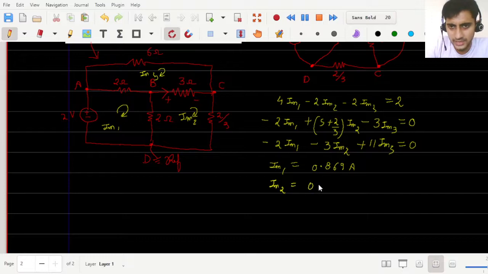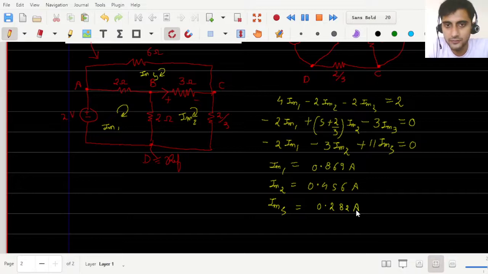IM2 should be something like 0.456 amperes. And IM3 is like 0.282 amperes. Let me just check it. Okay, so some mathematical errors might be there, but I have doubly checked it. So these are going to be the mesh currents, okay?